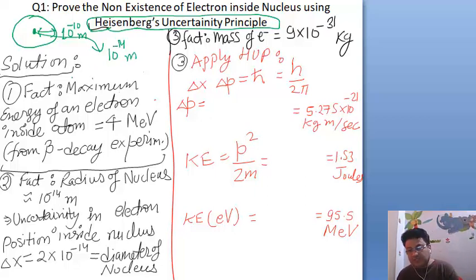So nucleus is about 10,000 times smaller than the atom. So atom is mostly vacuum. Okay, so we have to prove that an electron cannot reside inside the nucleus.